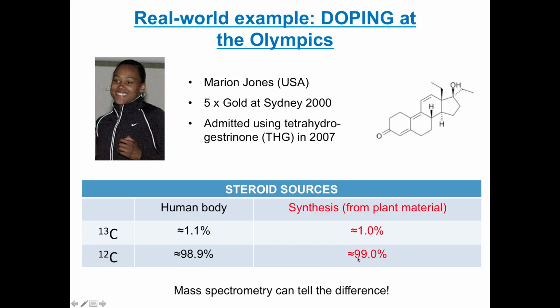So in plants, the amount of carbon-13 is more like 1%. And so mass spectrometry can tell the difference. Mass spec is sensitive enough to be able to tell the ratio between carbon-12 and carbon-13 for a particular analyte and figure out if it's a natural abundance or a non-natural abundance. And that evidence was enough to strip Marion Jones of all her gold medals.